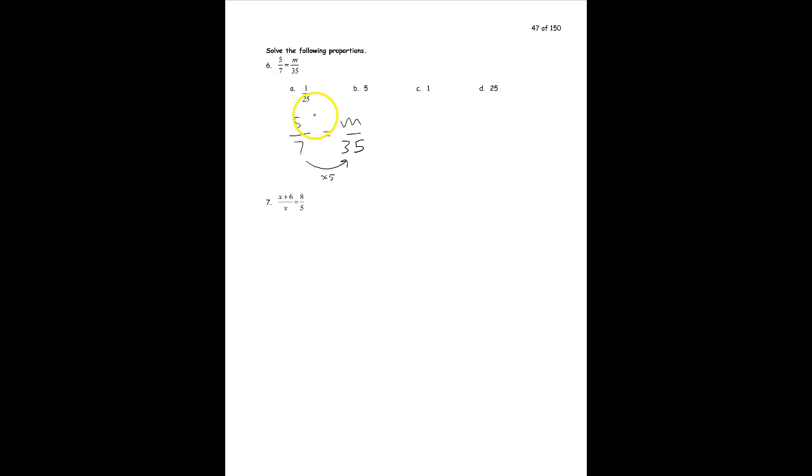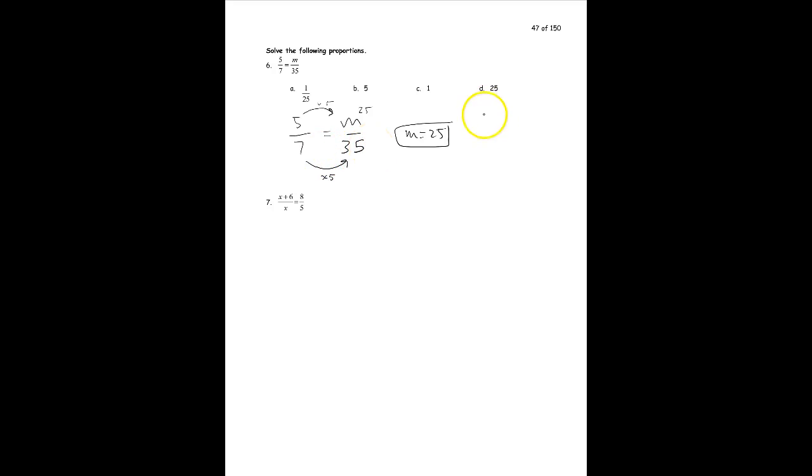And so then I can just do the same thing on the top. In order to convert the 5, I just multiply it by 5, and I'll get 25. And so I know M would be 25. It's just reasoning through, because I can tell from the denominator that the scale factor or the multiplication factor is 5.